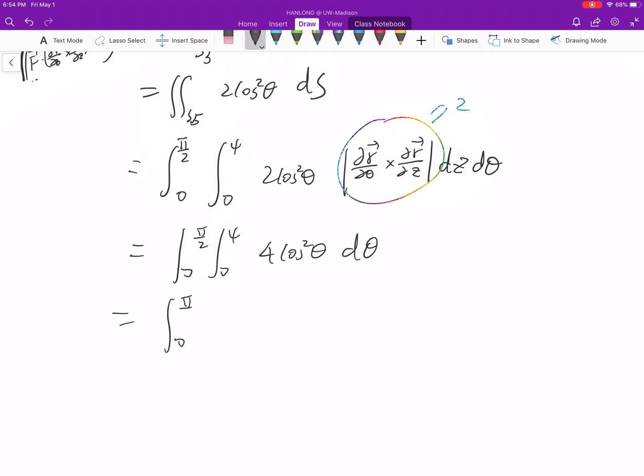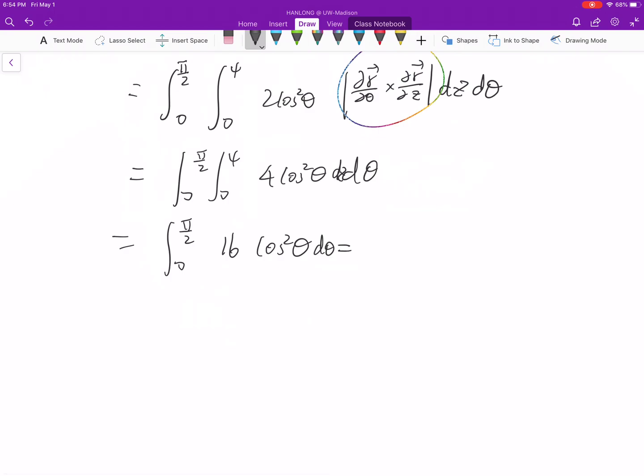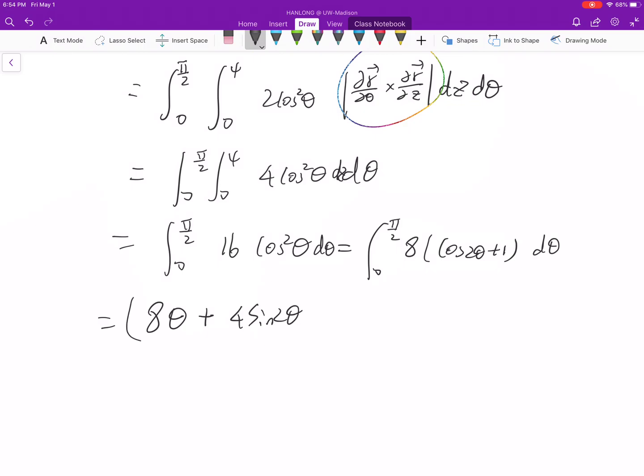If you integrate z, you just get 4. So you have 16 cosine squared theta d theta. And then you use the trigonometric formula, so you have 8 times (theta plus one half sine 2 theta) from 0 to pi over 2. So finally you have 4 pi.